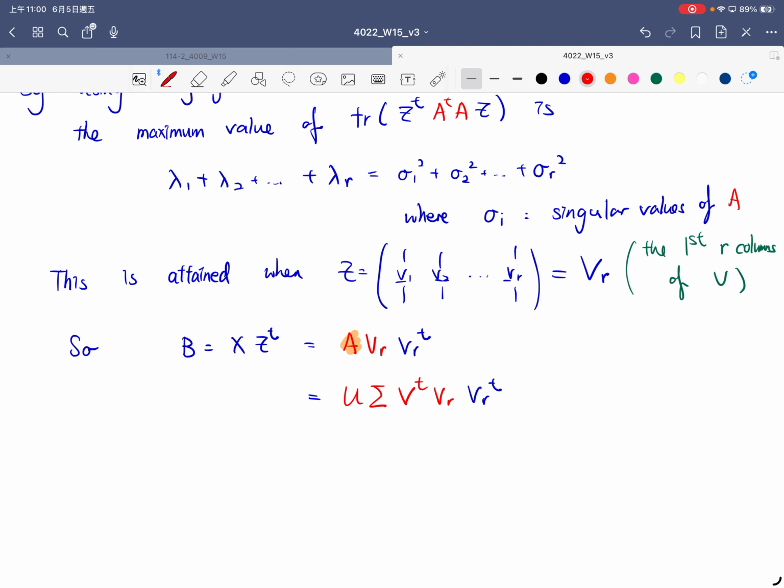And then if you're good at matrix multiplication, these two terms. The point is V is an orthogonal matrix, so all the rows or columns are orthogonal to each other. So when you compute V transpose times VR, you will get something that almost looks like identity. But you don't get a square matrix, so it's not exactly identity, but looks like a truncated identity matrix.